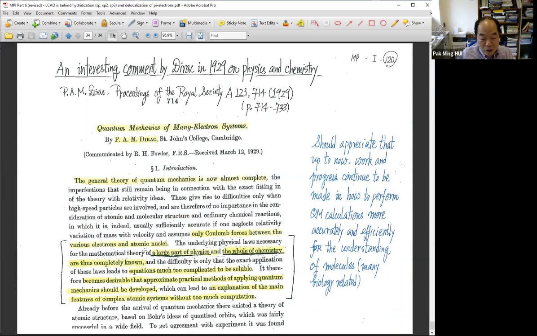Let me end with this highlight passage. He regarded chemistry as 100% understood and a big part of physics also understood. That means there's a remaining part not understood. Of course, we know that it has to do with strong interaction, weak interaction, or gravity, and how to get gravity into quantum mechanics. A lot of things that are nowadays at the frontiers.